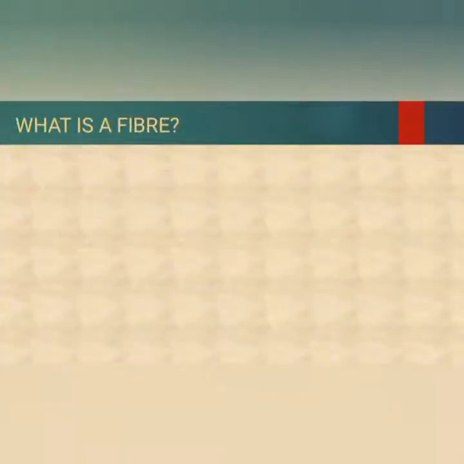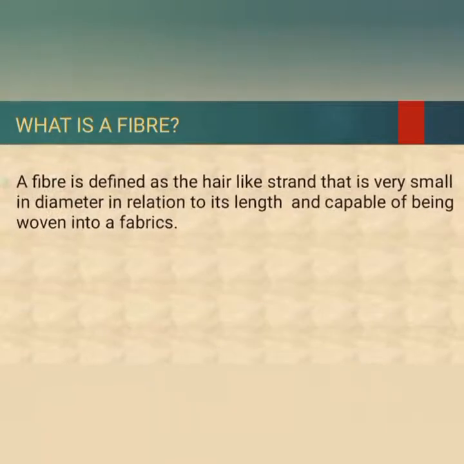Now, what is a fiber? A fiber is defined as the hair-like strand that is very small in diameter in relation to its length, capable of being woven into a fabric.